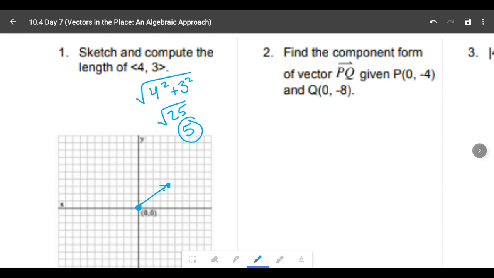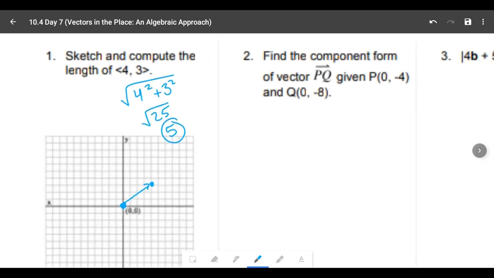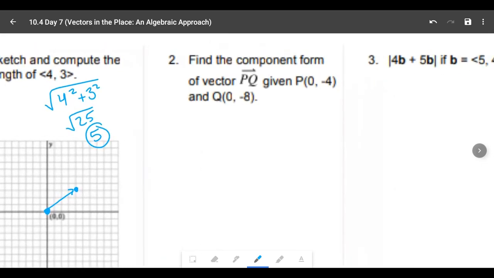For a problem like number 2, it tells us to find the component form of vector PQ, given that P is the point 0, -4, and Q is the point 0, -8. Okay, so what we'll do here is first, let's go ahead and find vector PQ in component form.